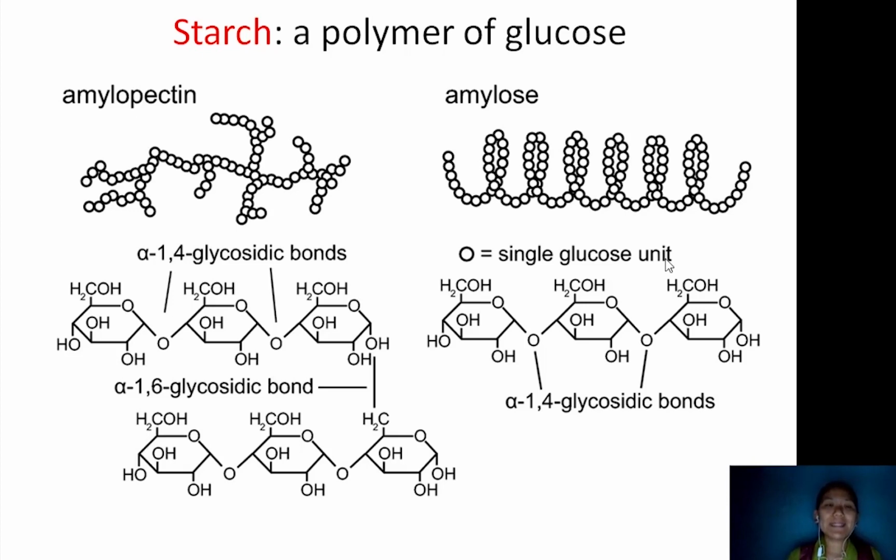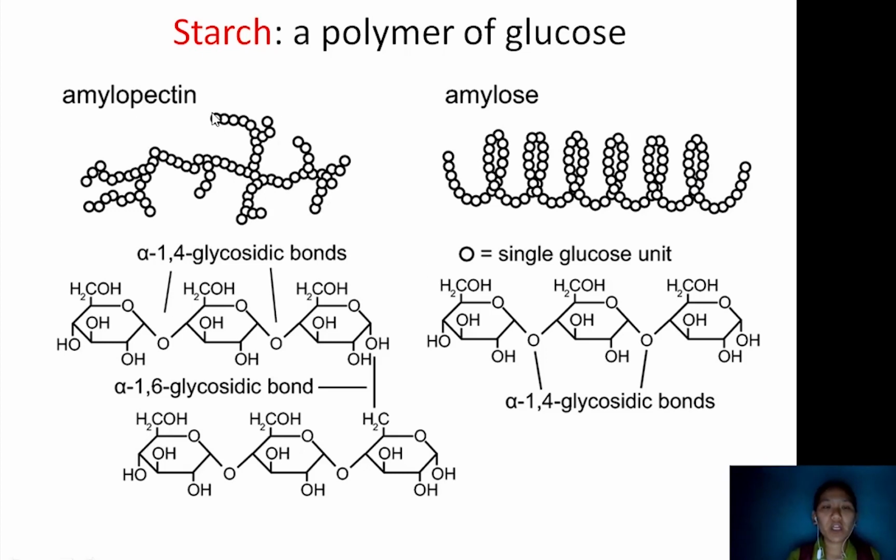So starch again has amylopectin and amylose. So in amylose, we have these glucose units arranged one after another, forming a polysaccharide. And amylopectin forms a branched structure.